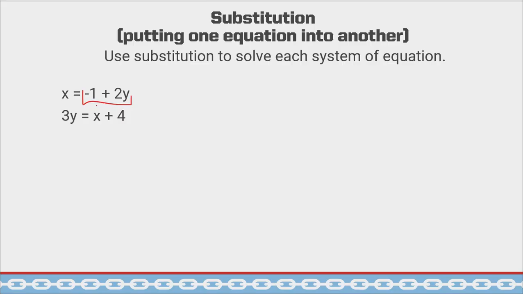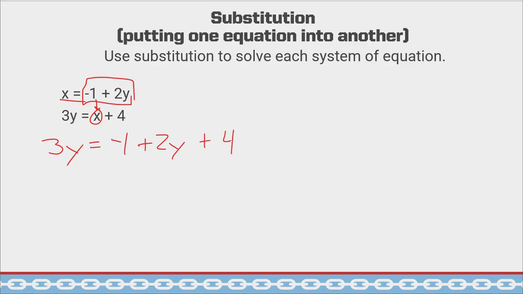In the second equation, 3y equals x plus 4, I can trade this x out for the negative 1 plus 2y, because that is the same thing as x. So I can rewrite this as 3y equals, and instead of x plus 4, I am going to use this value for x, and then the plus 4.